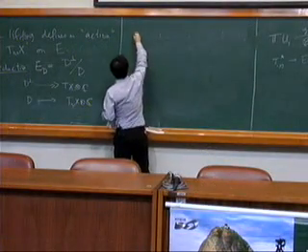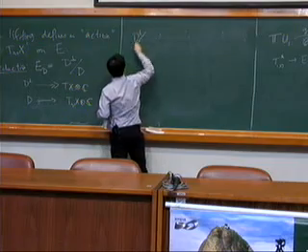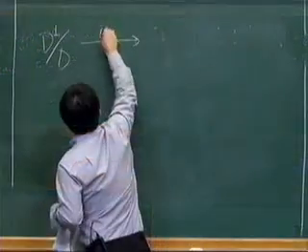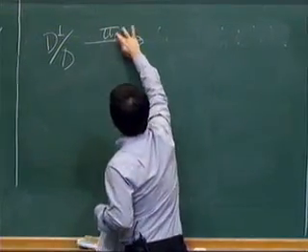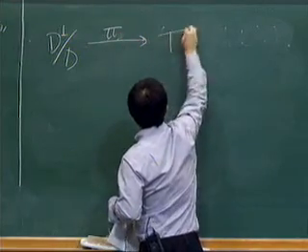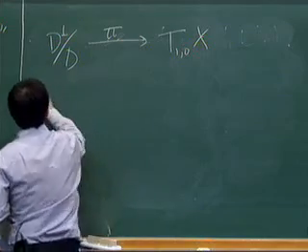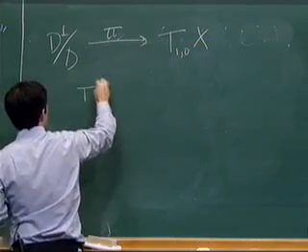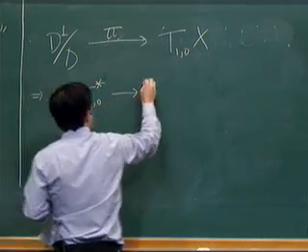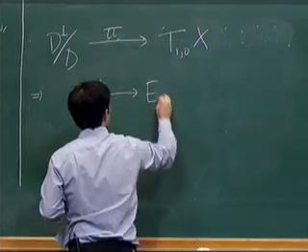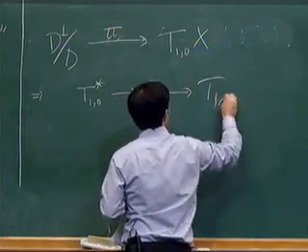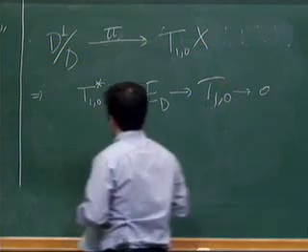So this means that D perp mod D has an anchor map down to T10x. And in this way, we get this extension that we wanted, like this.